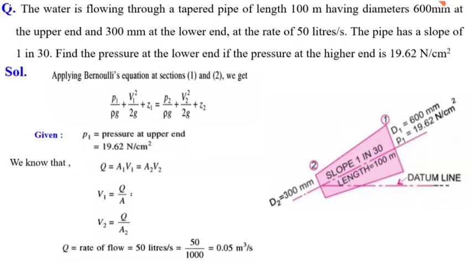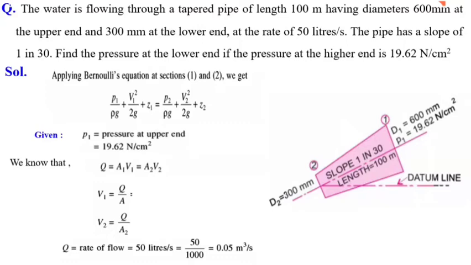So here you are asked to find out the pressure at lower end. For us to apply the Bernoulli's equation, we have to choose two sections, and here we have chosen the upper end as section 1 and the lower end as section 2.